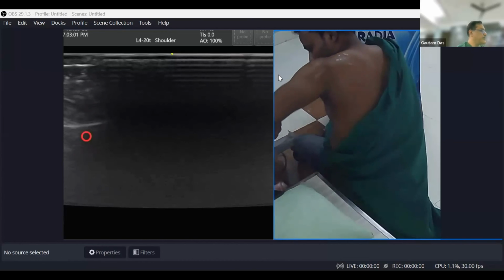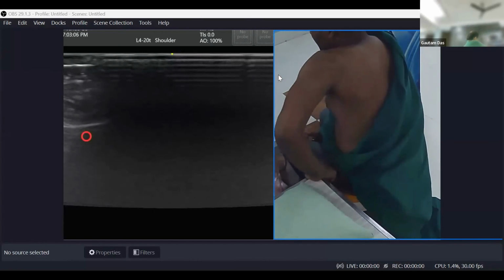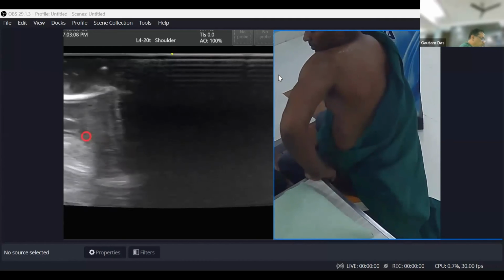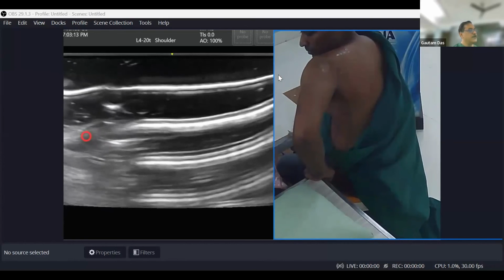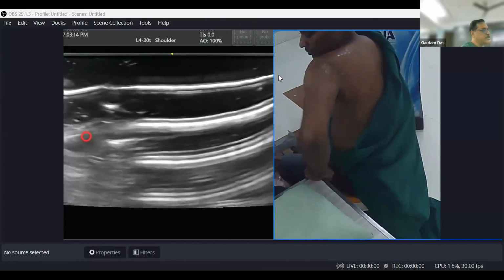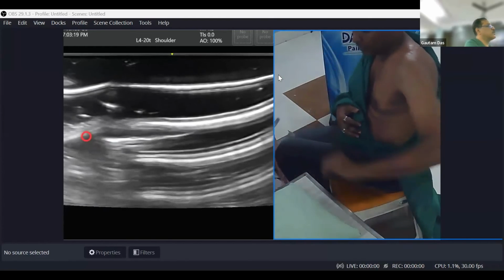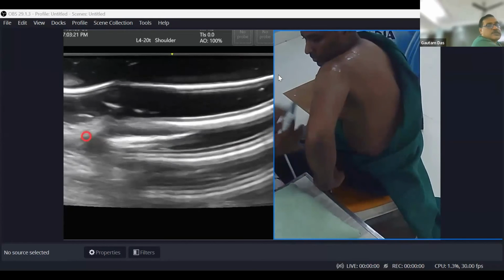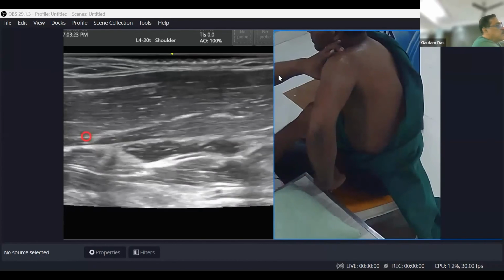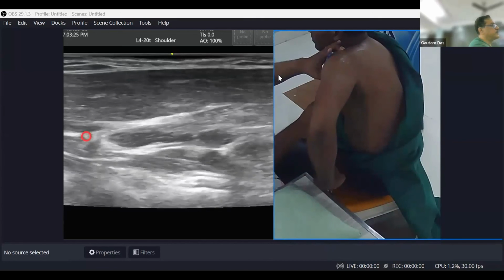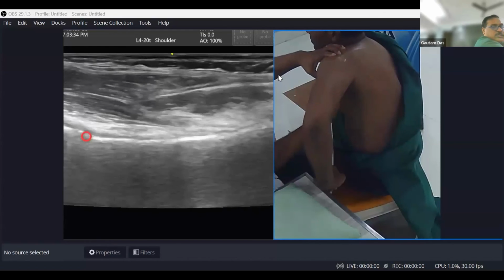It is better to have the patient in the supine position. Let me put a lot of gel there. Place the probe just posterior to the posterior axillary fold.